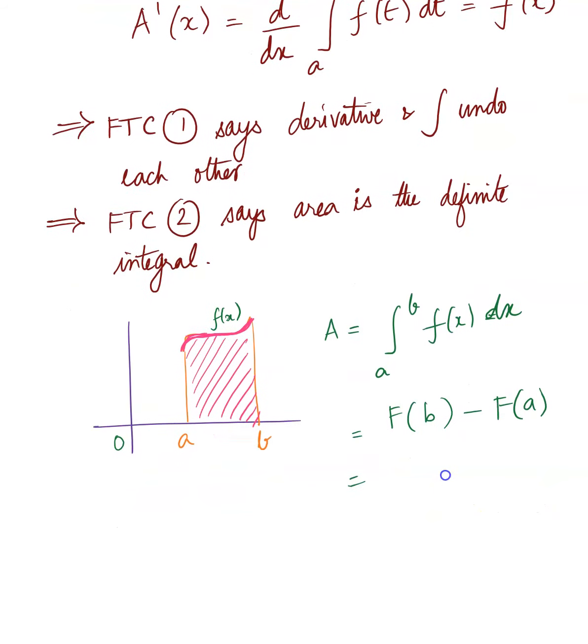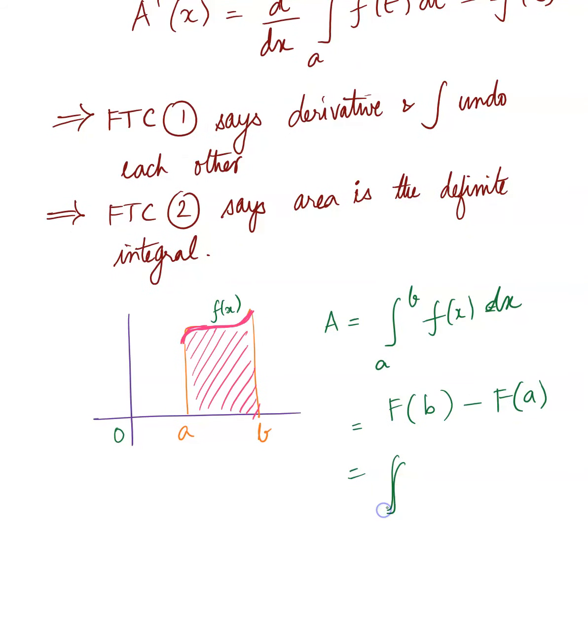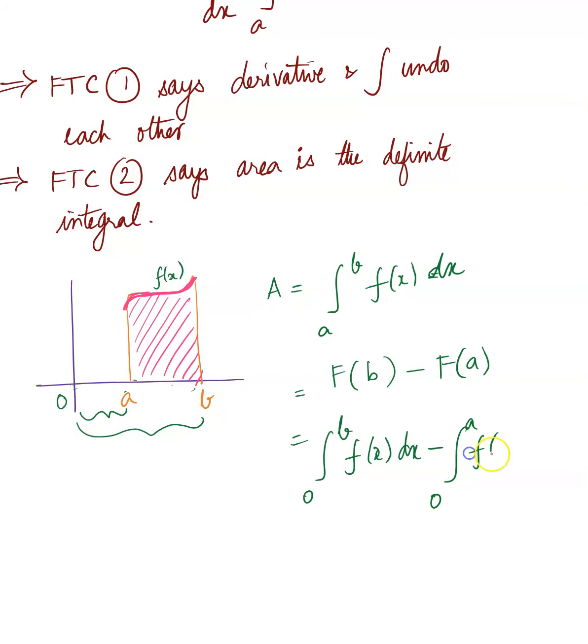But if you think of it, it's nothing but integral 0 to b, right? Area to the left of b. So it goes all the way from 0 to b of f of x dx minus integral 0 to a. So this whole thing minus this whole thing gives you in between a and b. So this is 0 to a f of x dx.